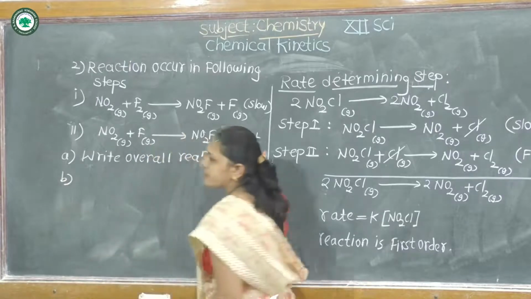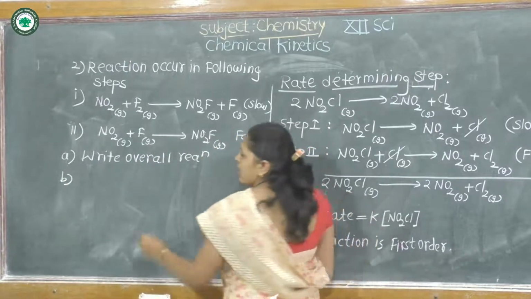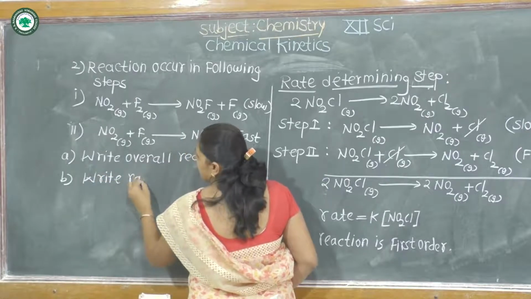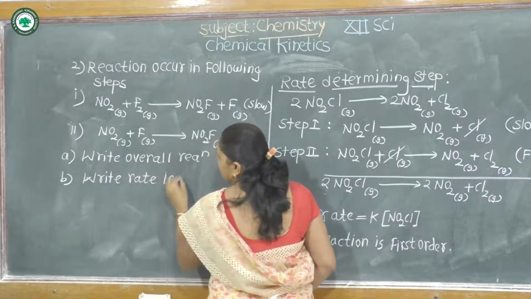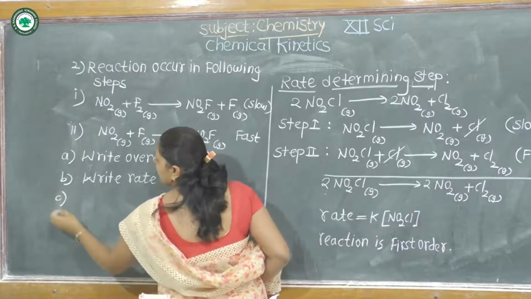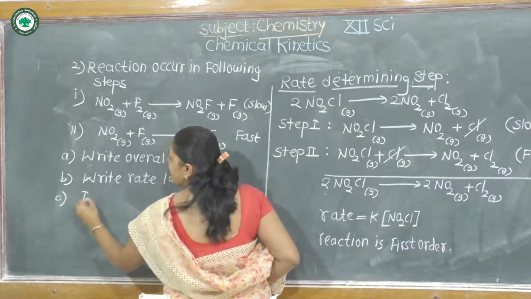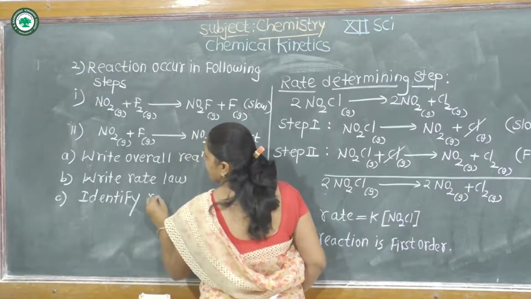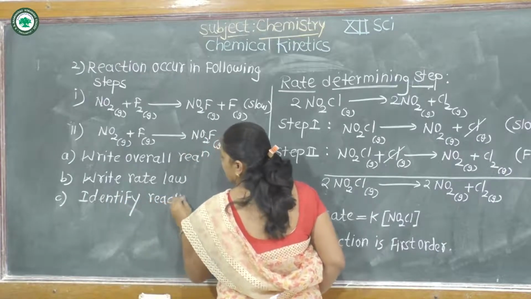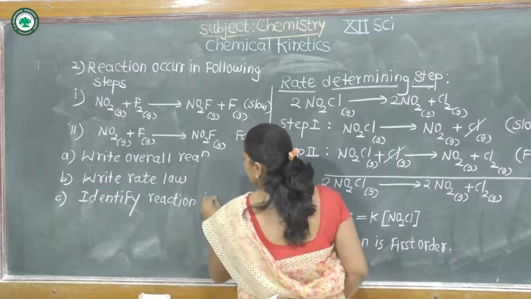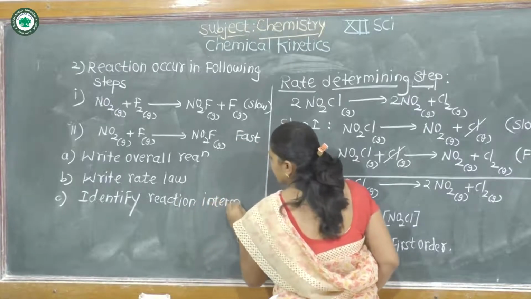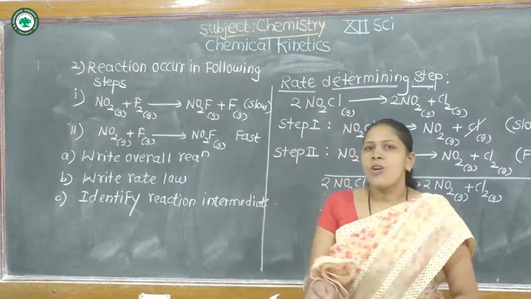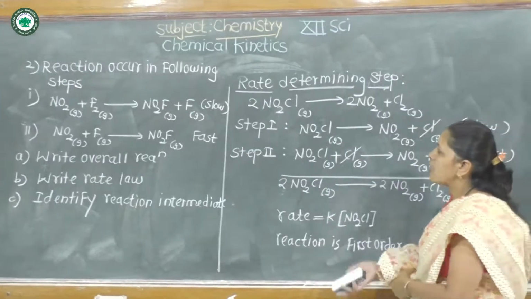Second, write the rate law. And the third question is to identify the reaction intermediate. This type of question will be asked on this point.